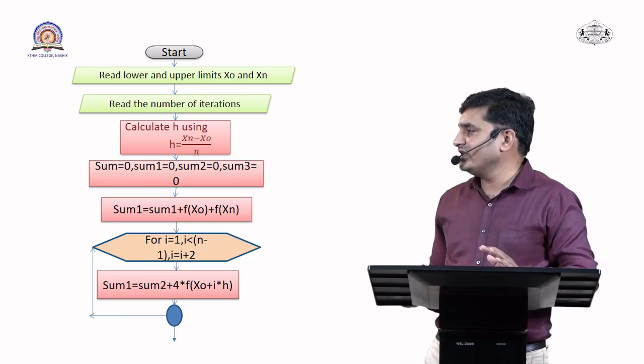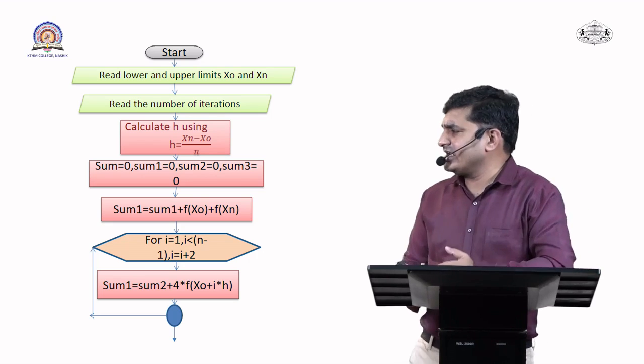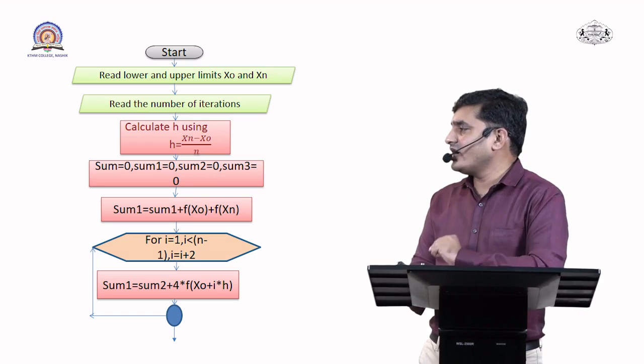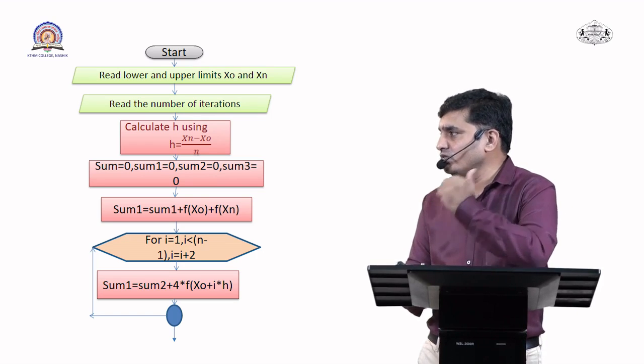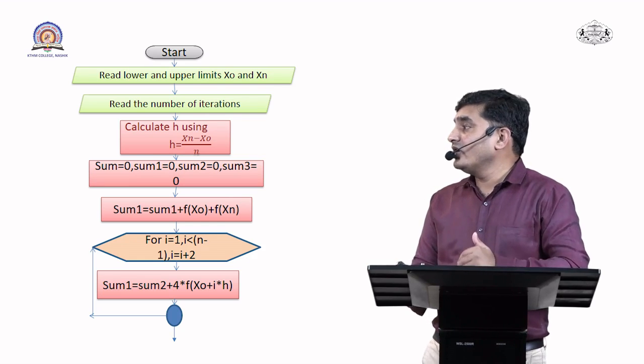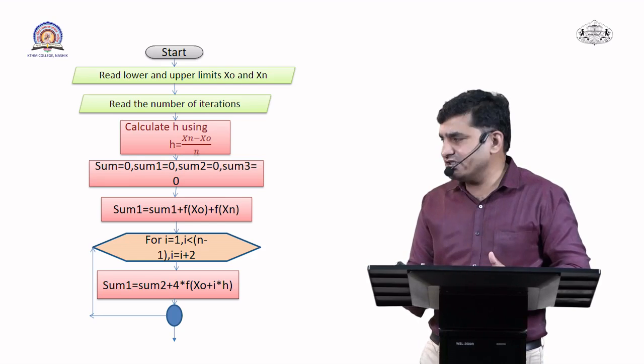This is the first term. Then for loop, again initialization: I is equal to 1, I is incremented by 2, and check if I is less than n minus 1.